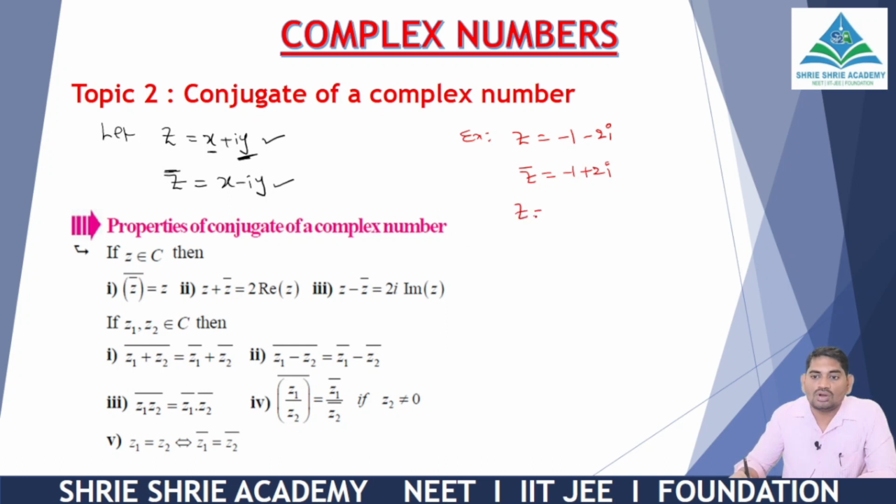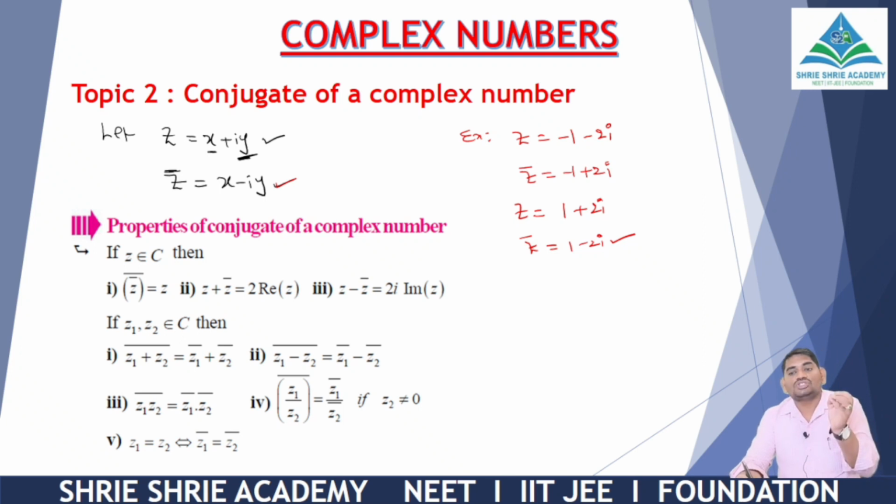Suppose z is equal to 1 plus 2 iota, then what is its conjugate? 1 minus 2 iota. So in the complex number z is equal to x plus iota y, x is the real part of z and y is the imaginary part of z. Its conjugate z bar is equal to x minus iota y. We just change the sign of the imaginary part.